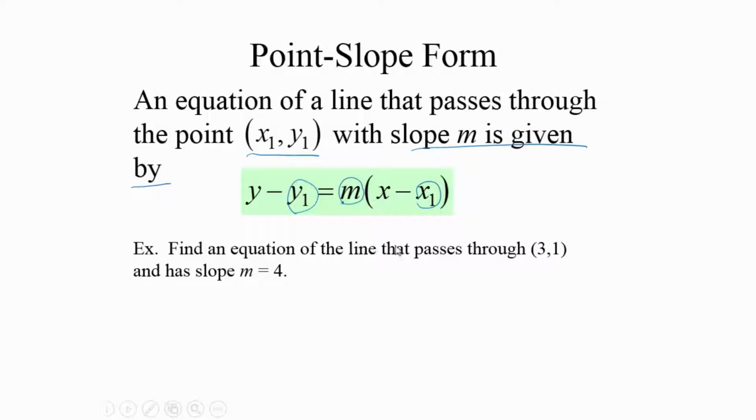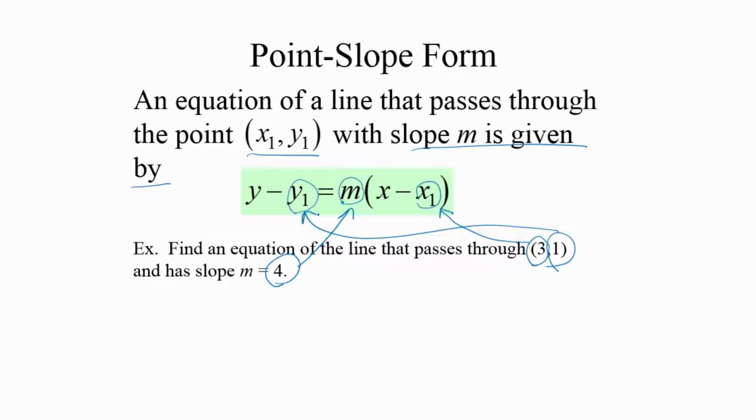Find an equation of a line that passes through the point 3 and 1 and has a slope of m equal 4. So all we have to do is plug in 4 for m, plug in 3 for x1, and plug in 1 for y1.